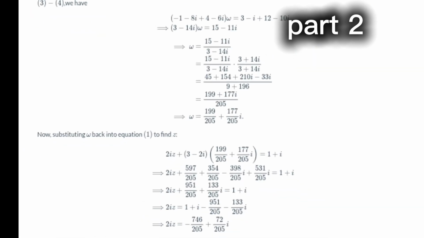After complex algebra, w equals (199 + 177i) over 205. Substitute and solve for z. Substitute w back into the original first equation and solve for z. z result. The final result for z is 373 over 205 plus 36i over 205.